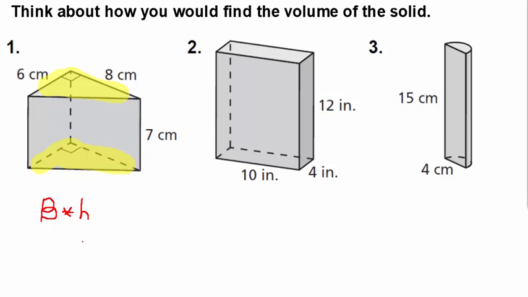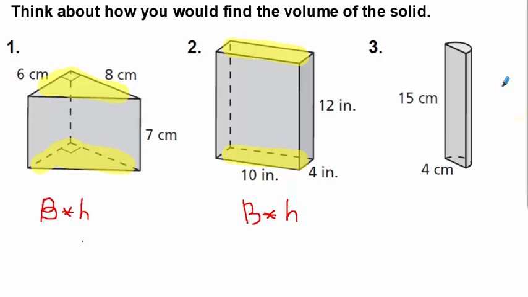In my second shape, my base, well, I can go a bunch of different ways. Doesn't matter. I can take the top here, and it goes with the bottom. I could have gone side to side, but I'm going to pick a base, and then it's going to be the area of that base times the height.